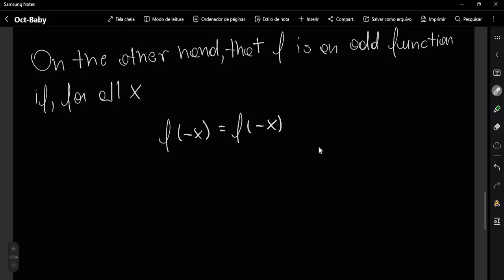And trigonometric functions is like the beginning, the open door for signal processing.